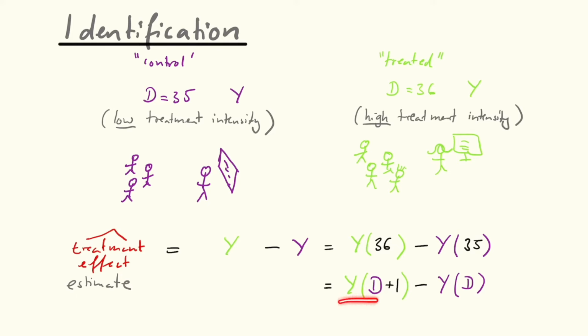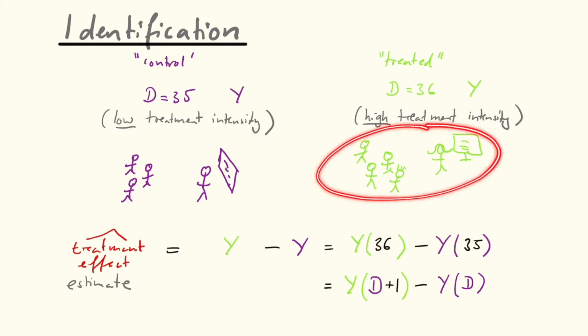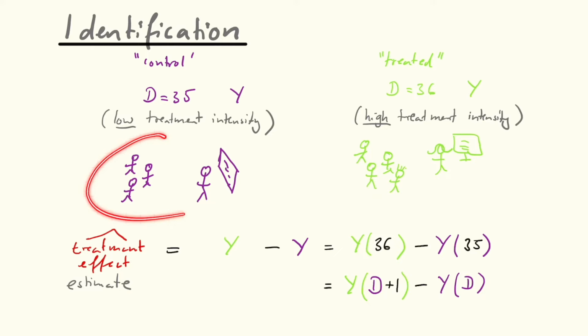Yes, exactly. Here we have the potential outcome function for the green class and not for the purple class. The potential outcome functions don't necessarily have to be the same. To explain why, let's think more carefully about the economic environment that we are studying. And let's do this using a causal diagram.